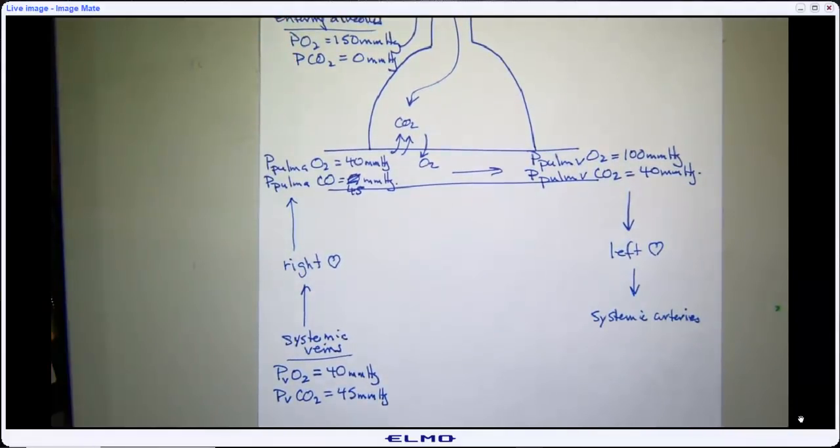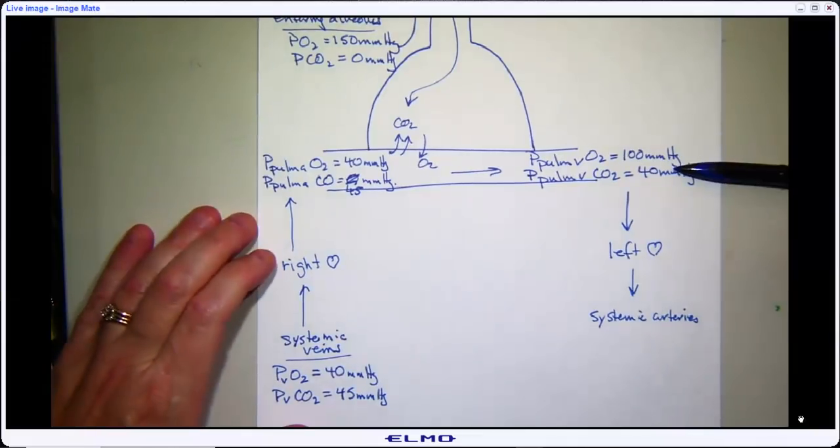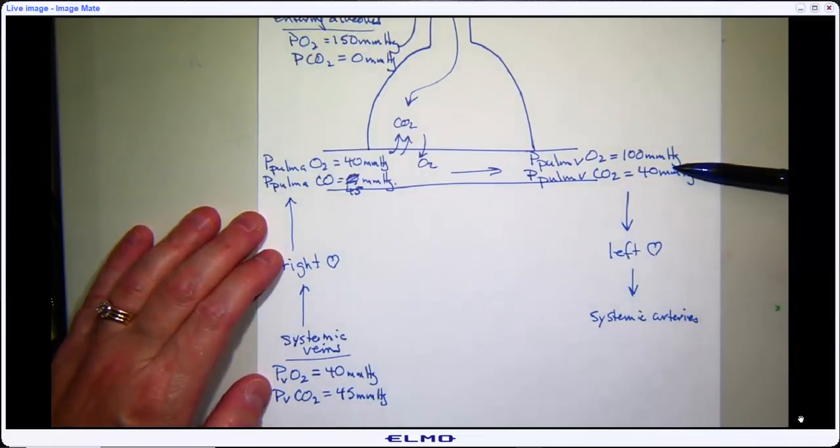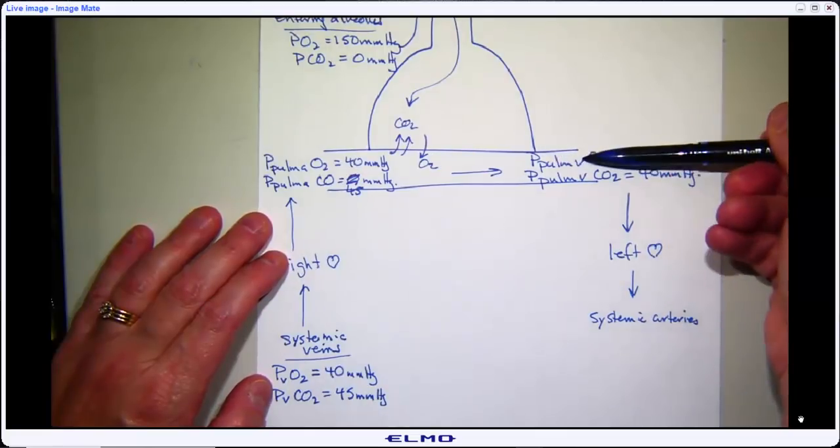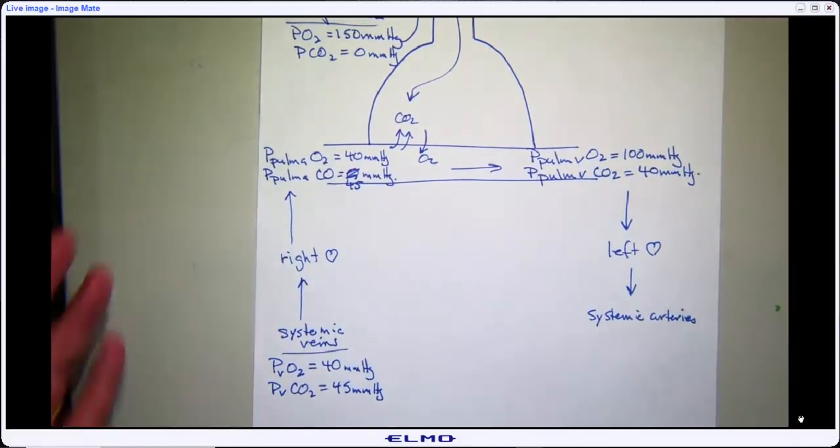Okay, so we picked up oxygen, got rid of CO2, so in our pulmonary veins we have high oxygen, low CO2. And then we take that blood and we feed it to a pump, left heart, and then send it out to the systemic arteries. So there should be no difference between the concentrations of oxygen and CO2 between the pulmonary veins and the systemic arteries.